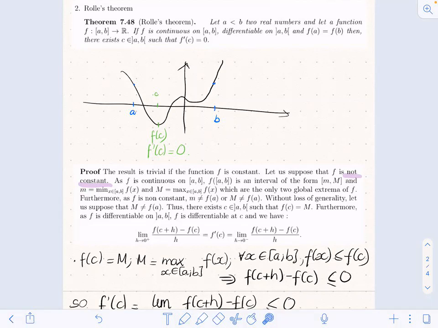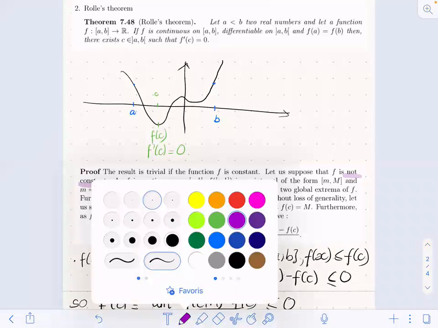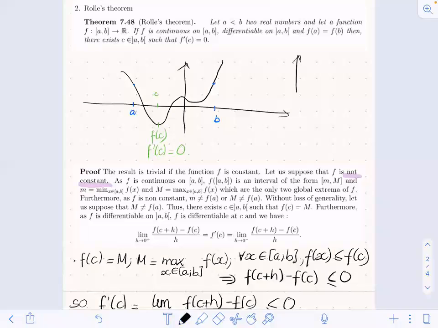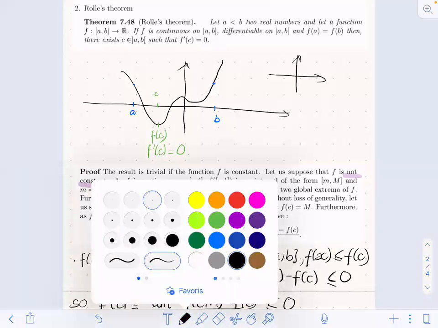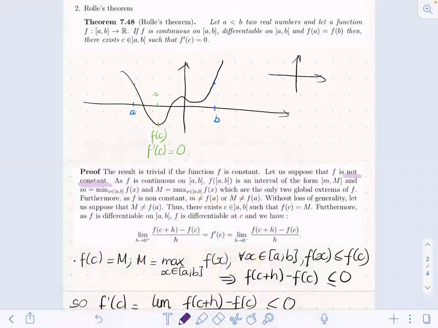Absolutely, yeah, you're absolutely right. It's something that I won't write here because it's a little beyond what we do at the moment to prove it correctly, but it's something that you can have intuition about quite nicely. So your reasoning with the second derivative is absolutely right.